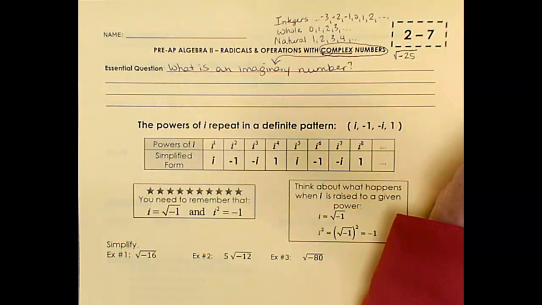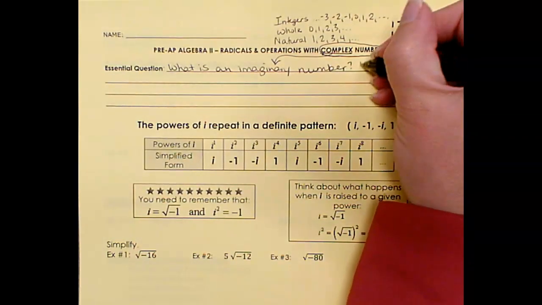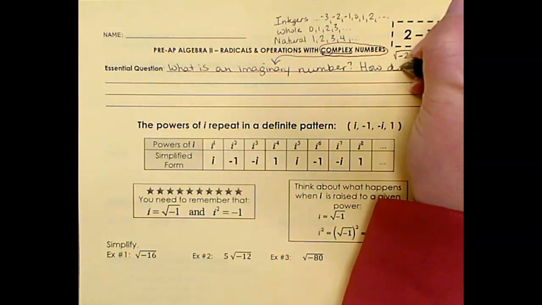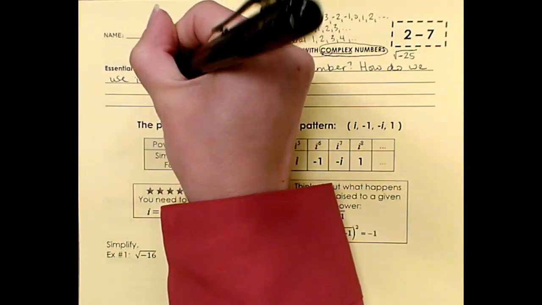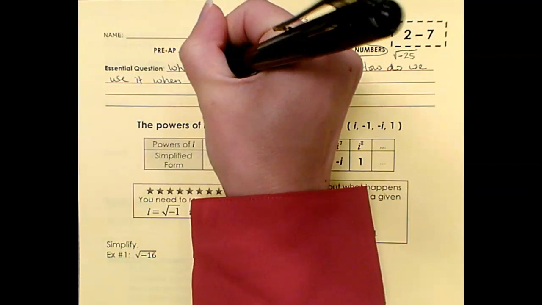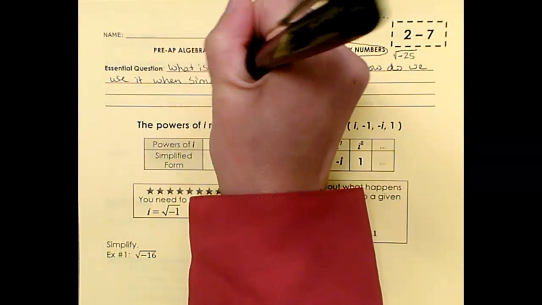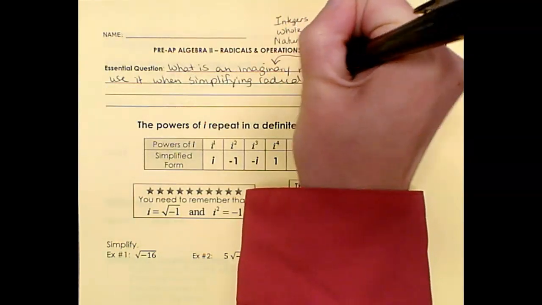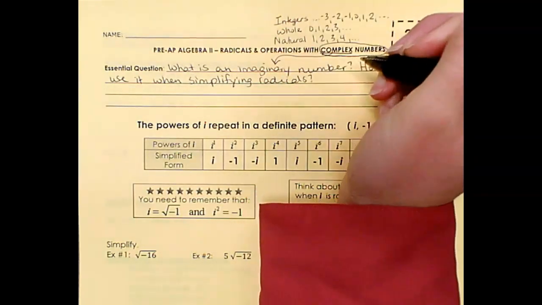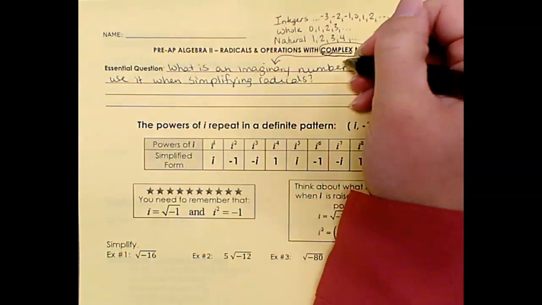How do we use it when simplifying radicals? And finally, how do we simplify radicals?